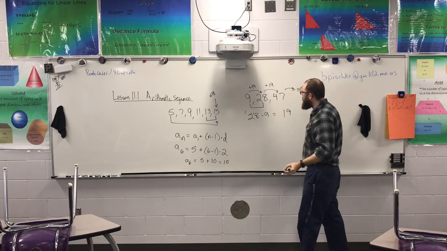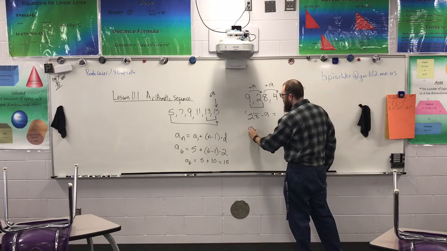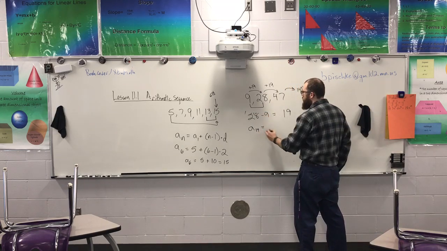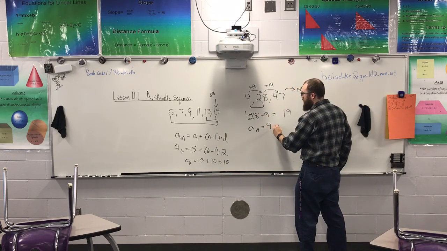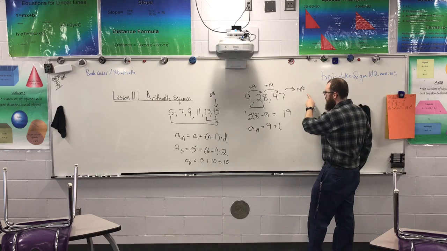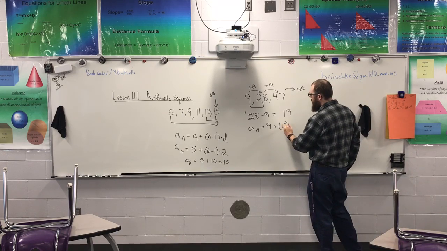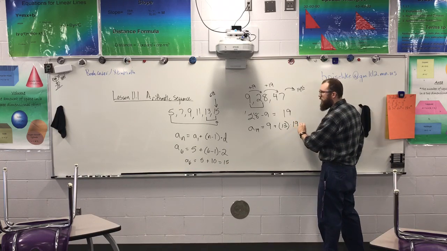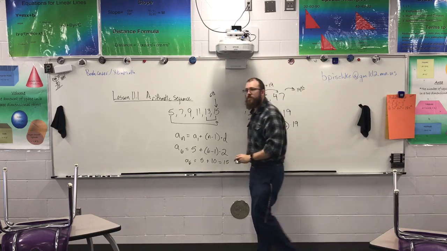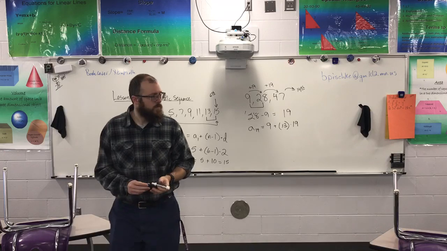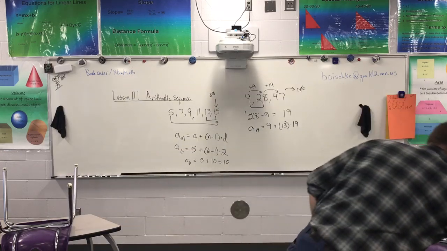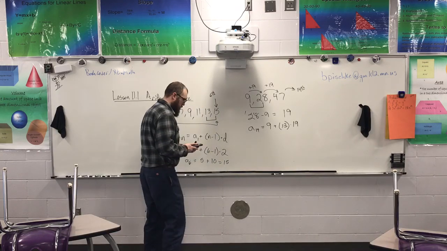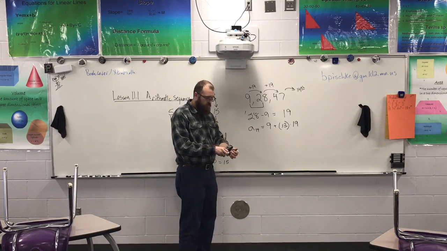Now we're going to go to our 14th term. So a sub 14 equals starting term 9 plus 14 minus 1, 13, times my common difference, 19. 13 times 19 gives me 266.